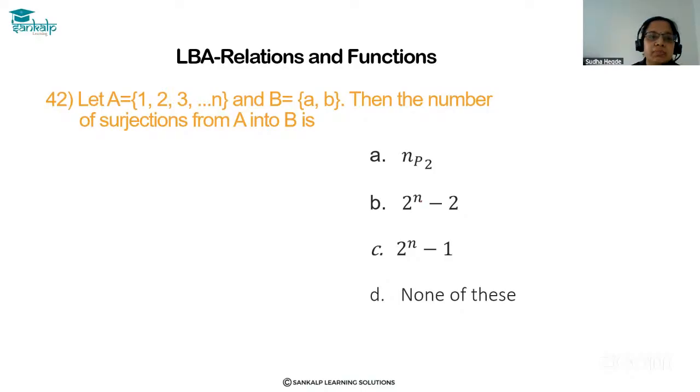Hi everyone. The question is, let A is equal to 1, 2, 3, and so on up to n, B is equal to {a, b}. Then the number of surjections from A into B is option A nP2, option B 2 power n minus 2, option C 2 power n minus 1, option D none of these.